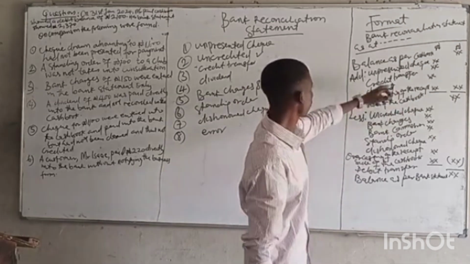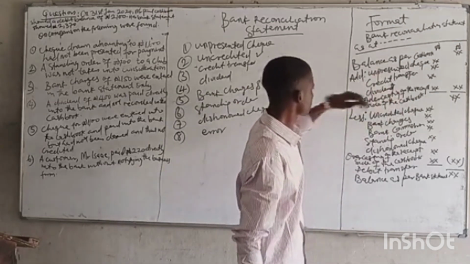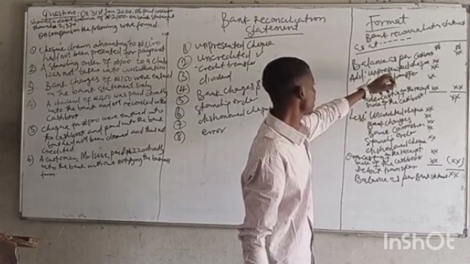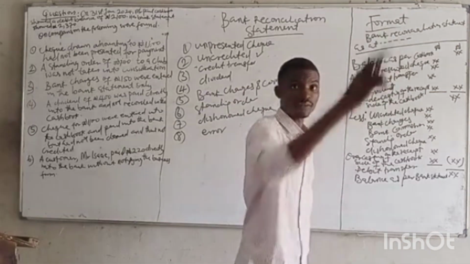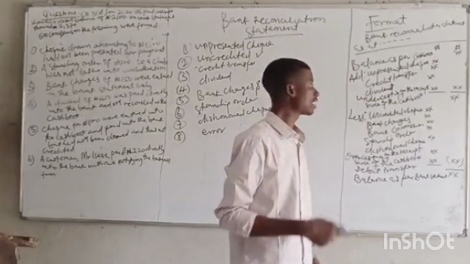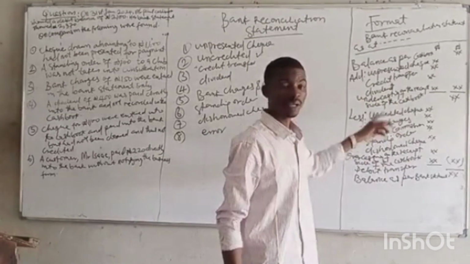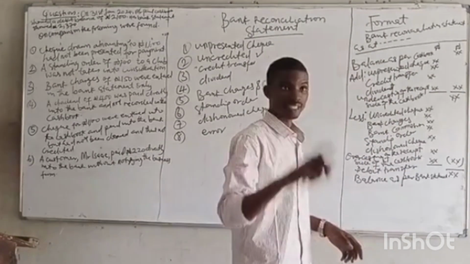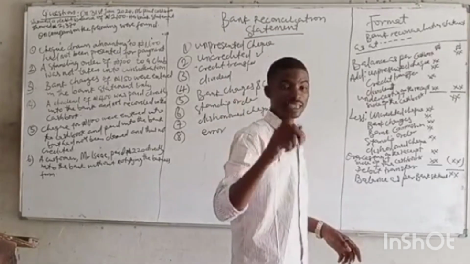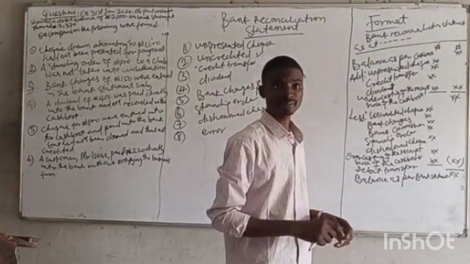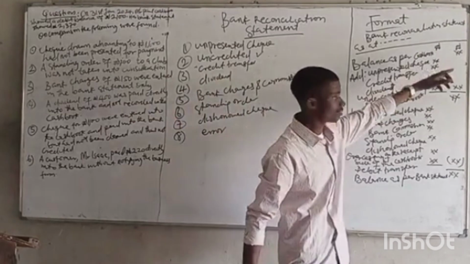The reason why you have to add back all these things is that, remember that unpresented check is the check you draw in favor of your customer, which you have already credited in your cash book. But when you receive the bank statement, you discover that it has yet to be deducted from the bank statement. So you need to add it back.